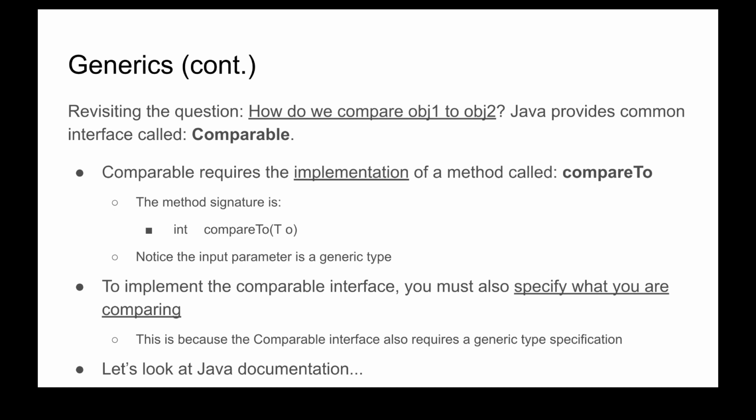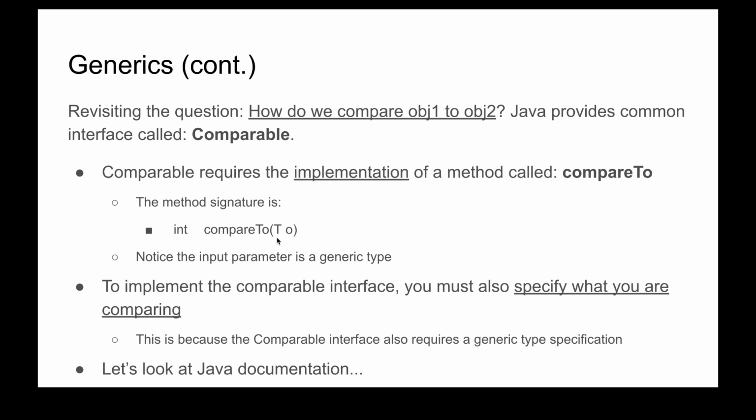Basically, that integer is going to be a negative value, 0, or, I'm sorry, a positive value. A negative value being returned means that the current object is less than, in some way, shape, or form, the input object.